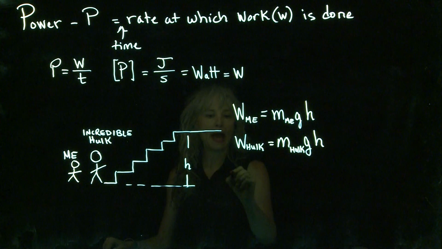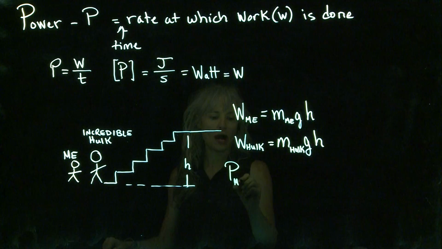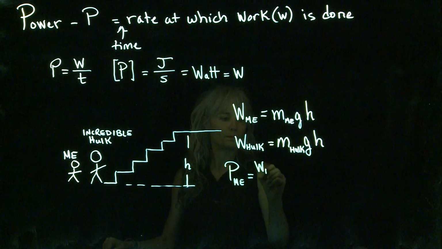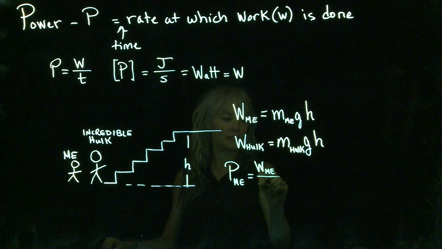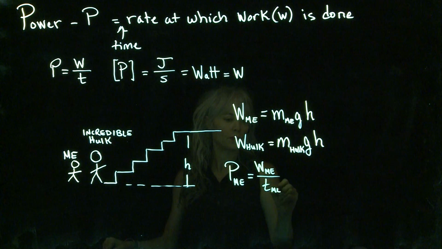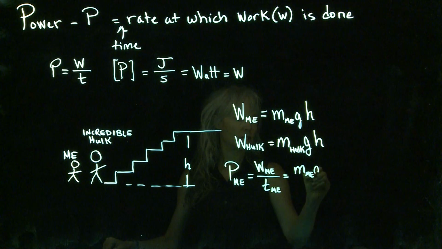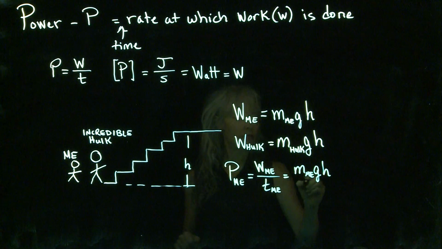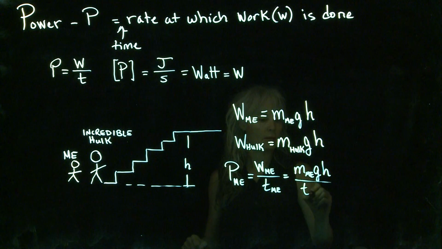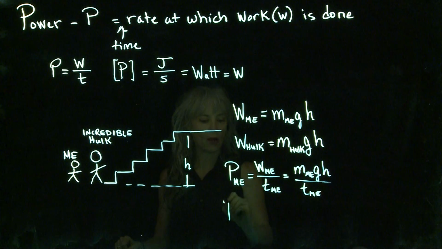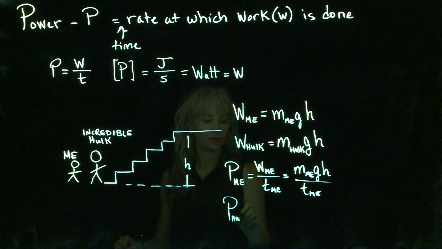So what about the power? Well, the power I exert is going to be the work I do divided by the time it takes me to do that work. So this is going to be my mass times the acceleration due to Earth's gravity times the height divided by the time it's going to take me to traverse the stairs. What about the power that the Hulk exerts?